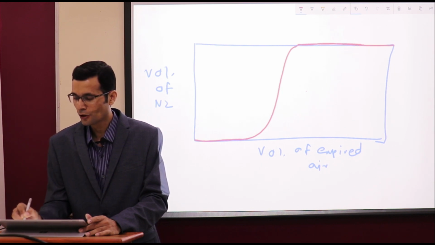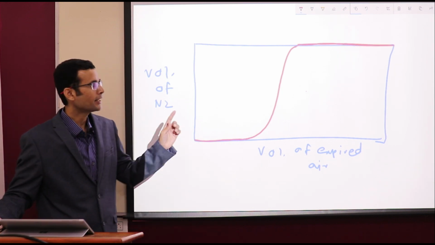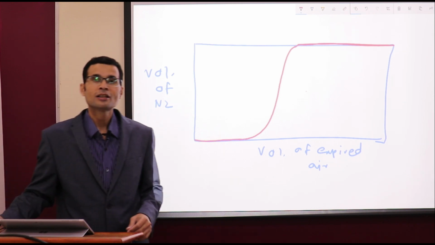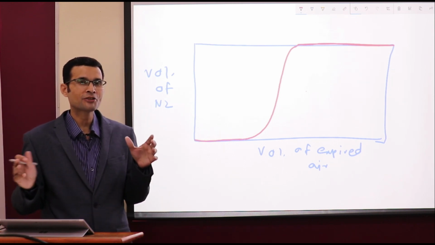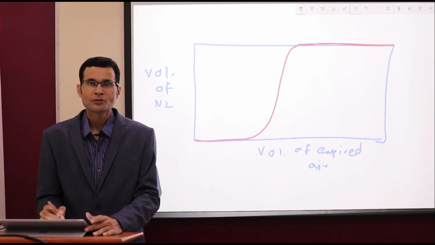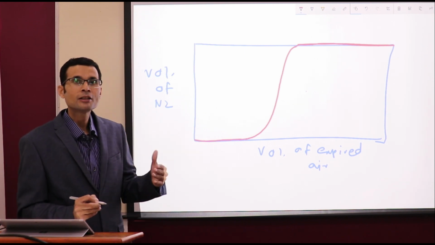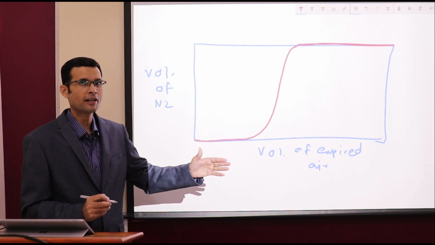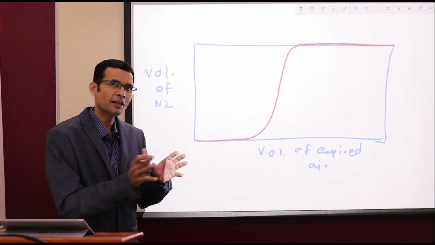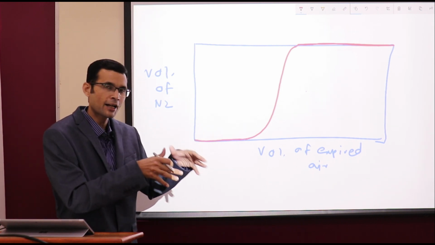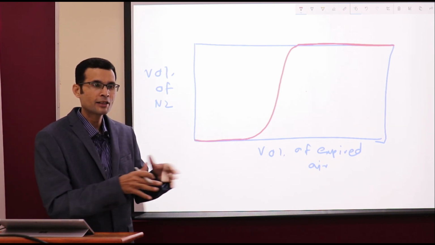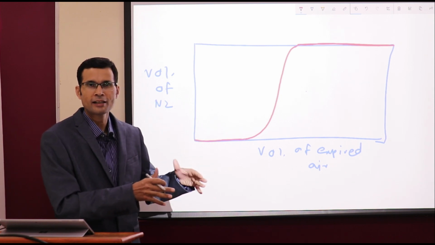Now there will be a steady concentration of nitrogen in that expired air. So actually it's not a very strict compartment. Nitrogen will rise slowly in the expired air because alveolar air got mixed in our anatomic dead space air, and therefore it was mixed air that is coming out.